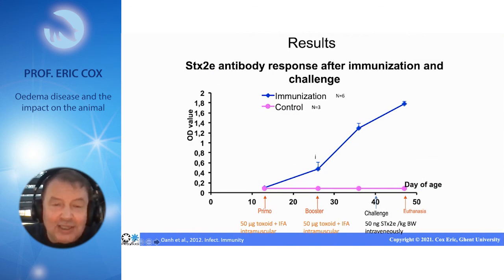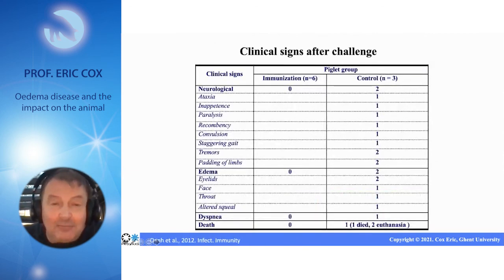And if you then challenge the animals with purified toxin around 30 days after the first immunization, then you see that immunized animals remain completely clear of symptoms, whereas challenged control animals develop symptoms of oedema disease, oedema in the eyelids, neurological signs, and lesions could also be observed in the stomach.